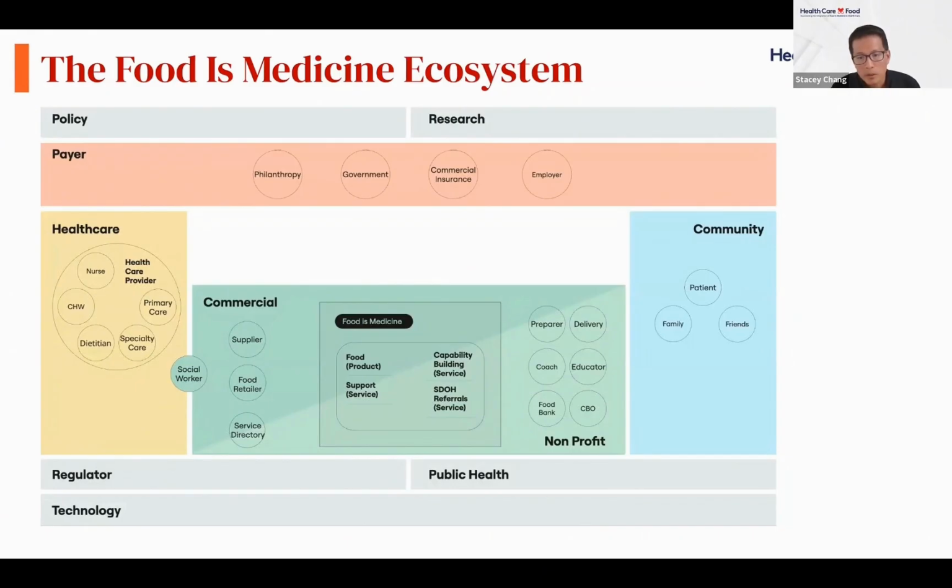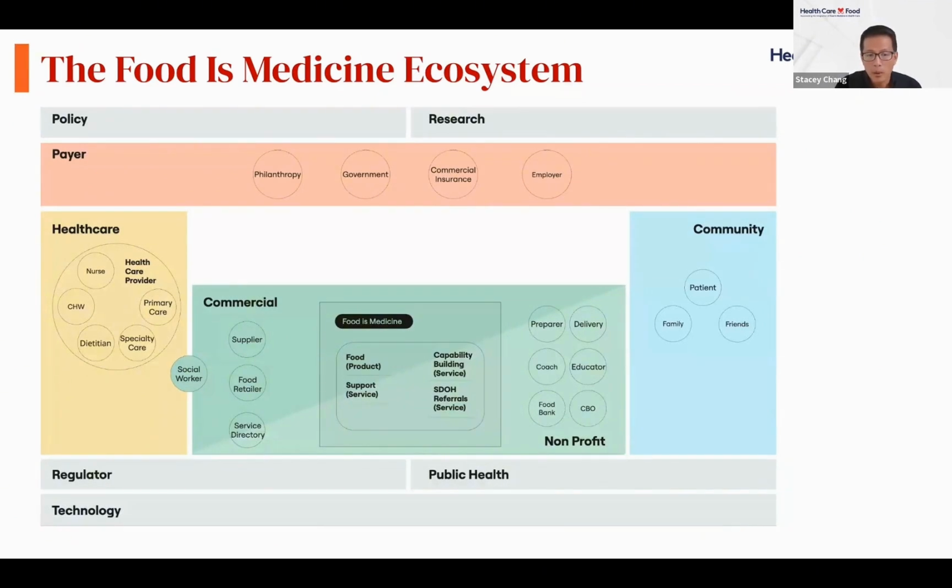The primary stakeholders are the community, which includes patients and their friends and family, on the right, the healthcare industry that provides care for them on the left, and in the middle, the entities, both commercial and nonprofit, who are involved in the production, delivery, and support of food as medicine offerings. Above that, in the middle, you have payers who fund that exchange, including employers, commercial insurance, government, and sometimes philanthropy.